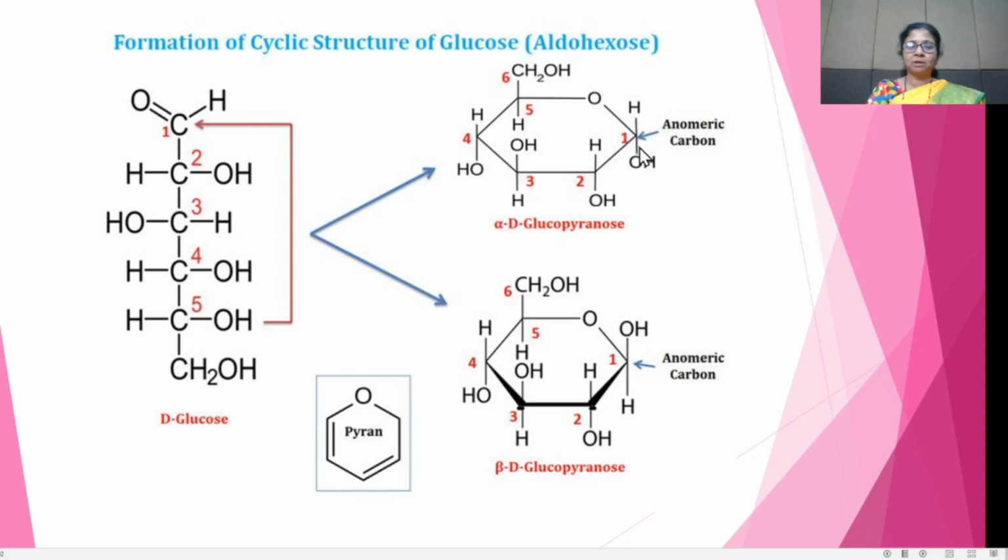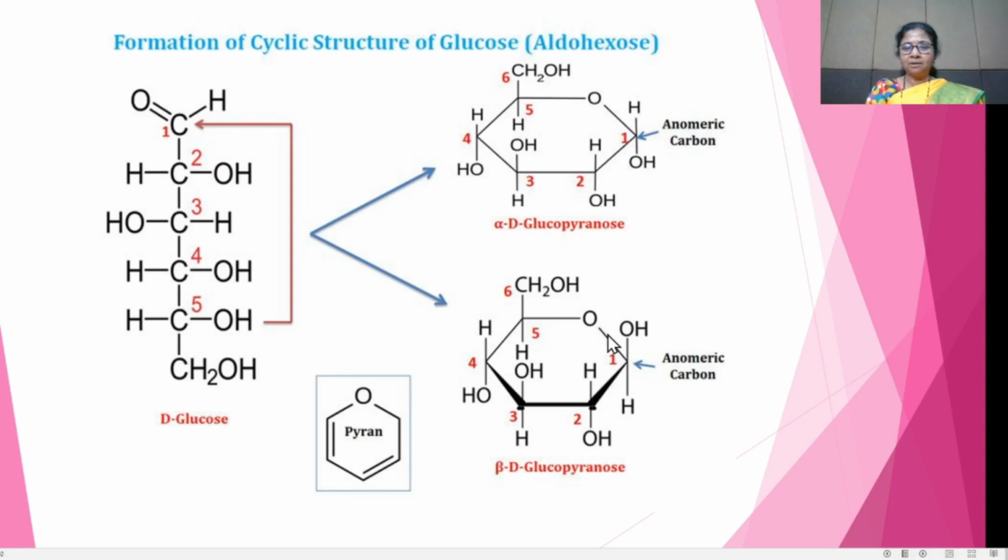And based on the position of the OH group on the anomeric carbon atom, glucose is classified as alpha and beta. If the anomeric carbon atom has the OH group below the plane of the ring, then this cyclic structure is called alpha D glucopyranose.